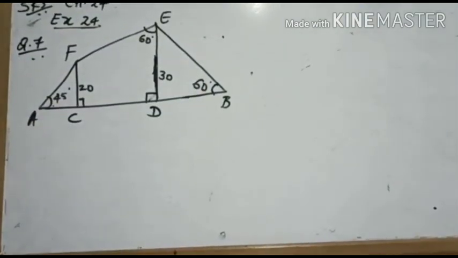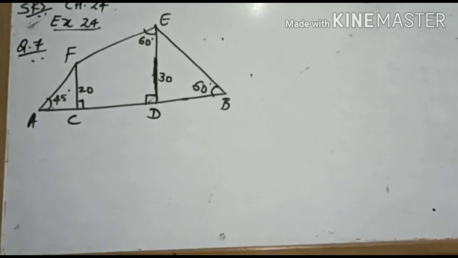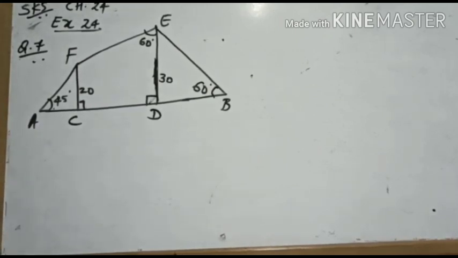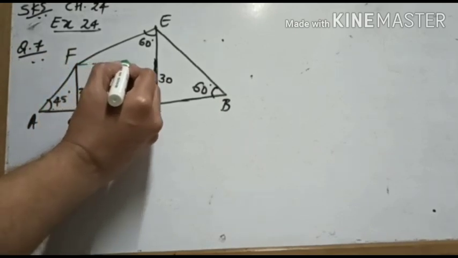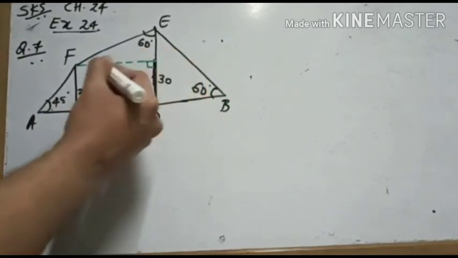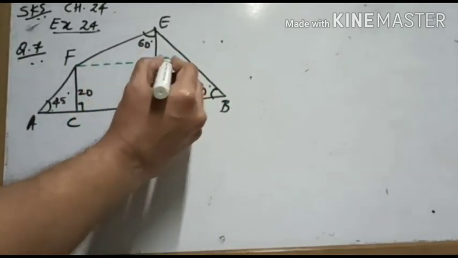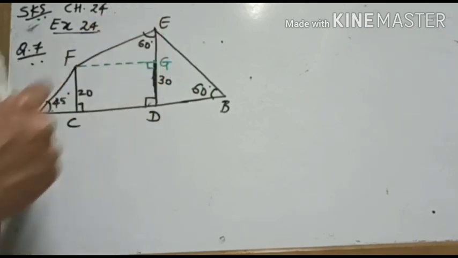My dear friends, there is a special thing happening over here. You observe what I am going to do. From F, I am dropping down a segment, say this is named G, such that FG makes an angle of 90 degrees with ED.